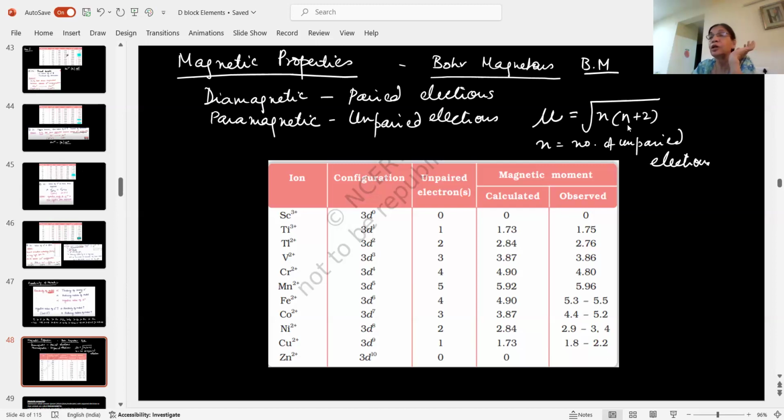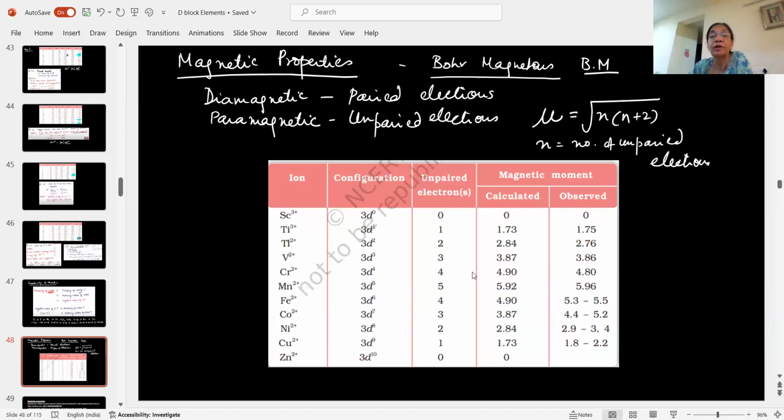Based on the number of unpaired electrons, you can write mu is equal to square root of n into n plus 2. You can find the number of unpaired electrons by writing the electronic configuration, and then find the value of mu. The trick here is that whatever the value of magnetic moment you get, the number before the decimal will be the number of unpaired electrons.